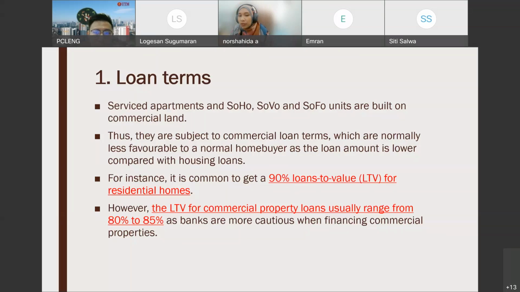So if you want to buy all these SOHO, don't expect to get a 100% loan. You need to have a deposit, some money, before you buy these typologies. So if you want to build SOHO for, for example, B40 and so on, it does not fit. That's why we need to know the characteristics of this housing before we propose our design.